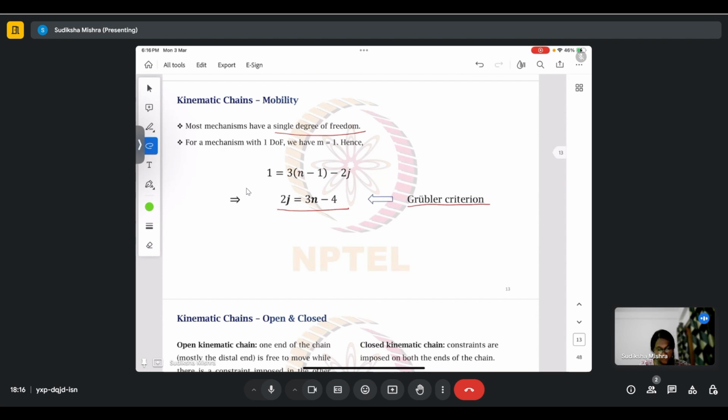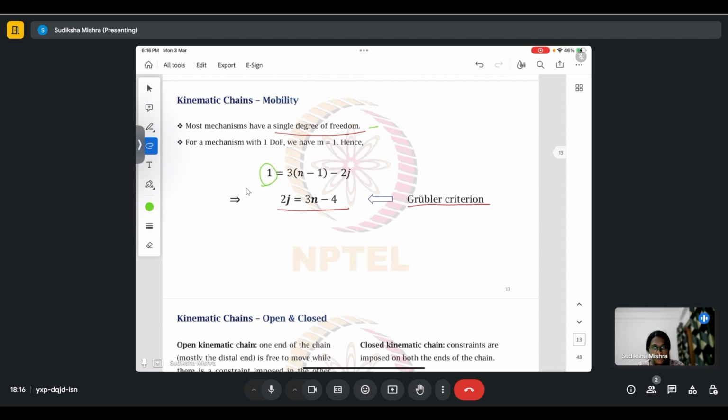Okay, so now we know how many degrees of freedom might be present in a mechanism, and most mechanisms have a single degree of freedom. But there might be mechanisms which have multiple degrees of freedom, but these are more complex.